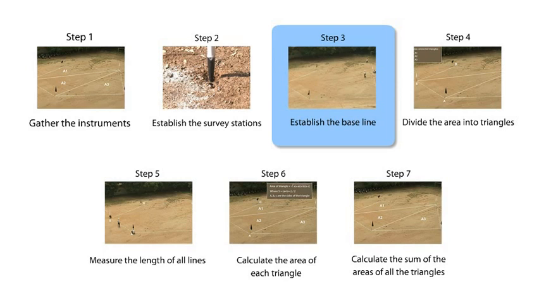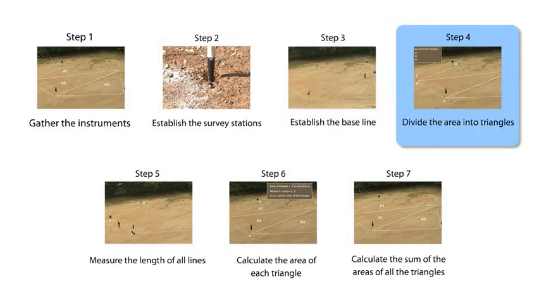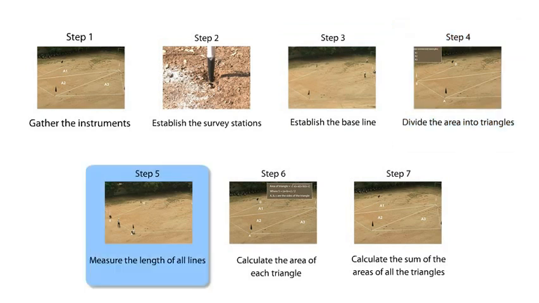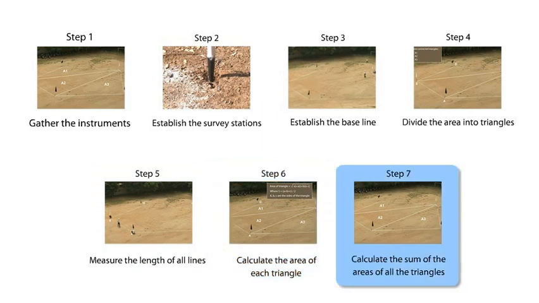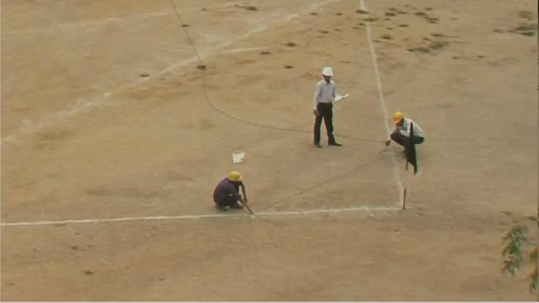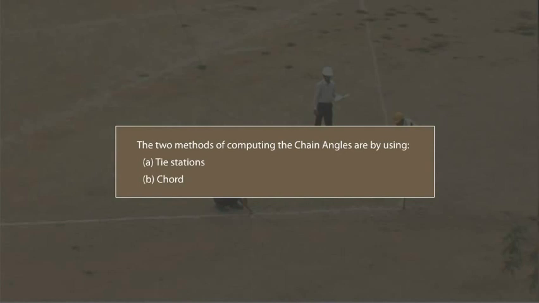Establish the baseline. Step 4. Divide the area into triangles. Step 5. Measure the length of all lines. Step 6. Calculate the area of each triangle. Step 7. Calculate the sum of the areas of all the triangles. The two methods of computing the chain angles are by using tie stations and cord.